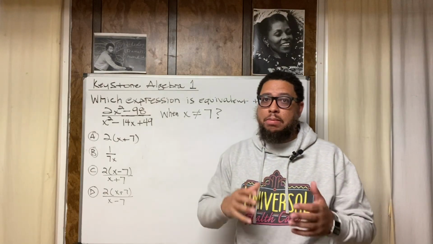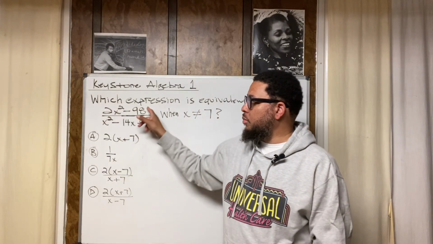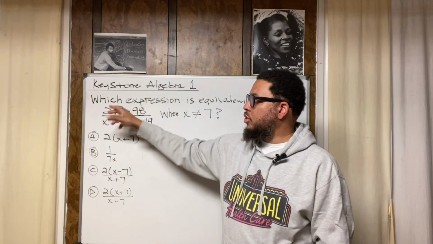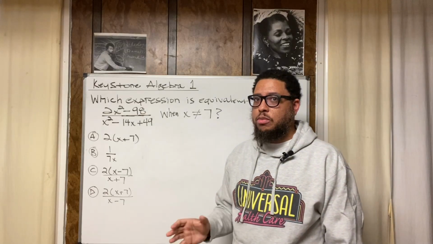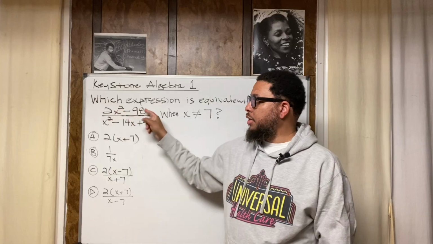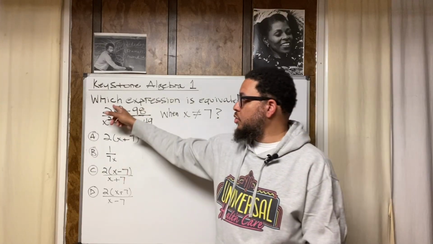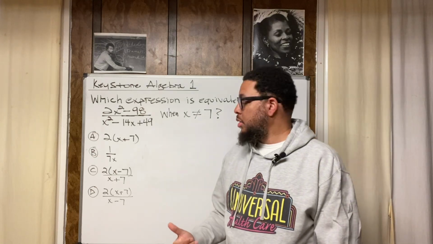All right. Now, there's a bunch of different ways of factoring based on how the expression looks. This is a binomial, right? And so you should always look for a greatest common factor of your terms, first and foremost. Always look for a greatest common factor. It just so happens that in this numerator, the greatest common factor of 2 and negative 98 is 2. So we can factor out a 2. All right.